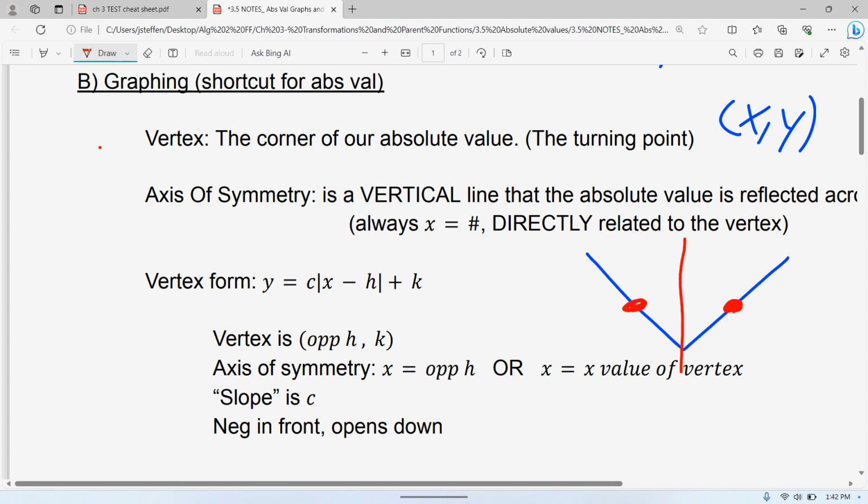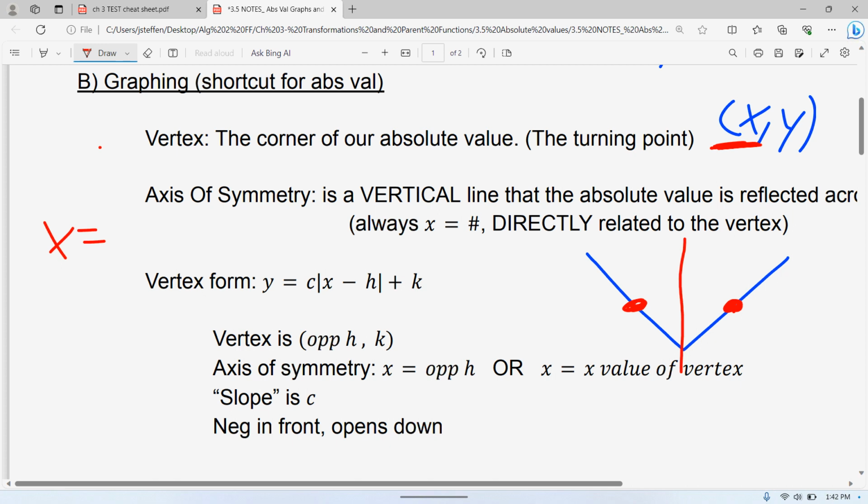Now, here's the key with the axis of symmetry. First off, it's a vertical line. X is equal to a number every single time, no matter what. But it's always going to be X is equal to the X value of your vertex. That makes sense if you think about it, because the X value of your vertex is going left and right.